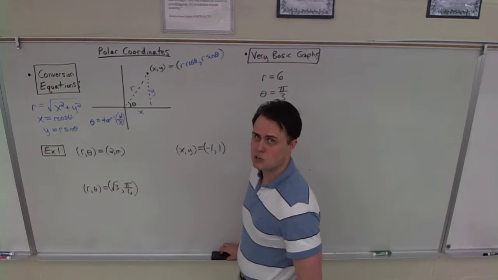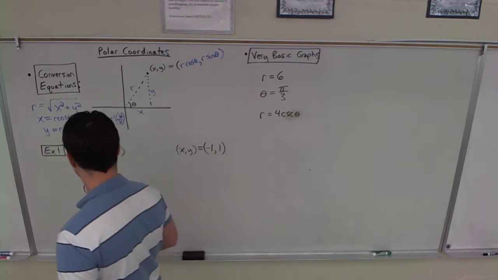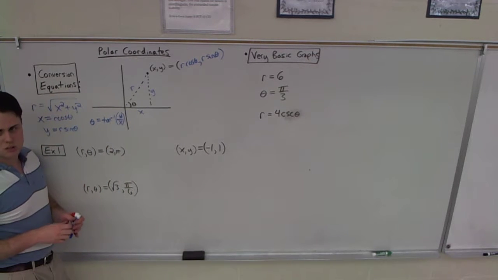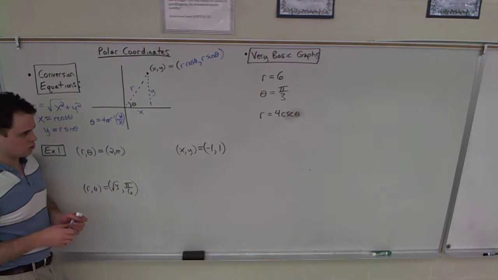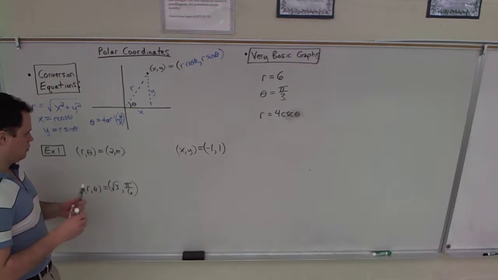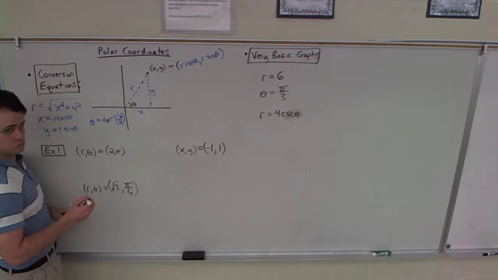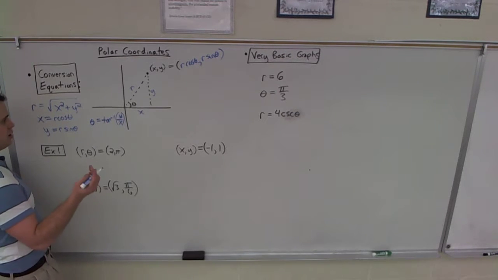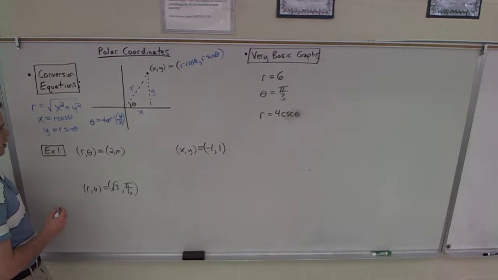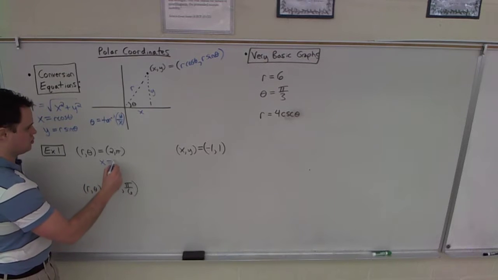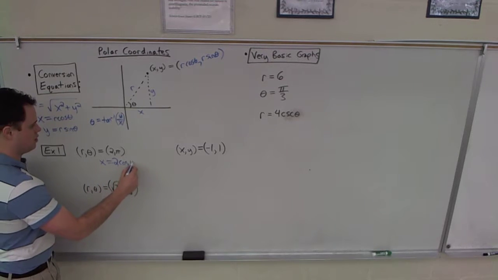Alright, let's do some nice pre-calc problems really fast. What if you have the polar coordinate (2, pi)? How could you change that into good old normal Cartesian coordinates? Just plug it in. x is just r cosine of theta.